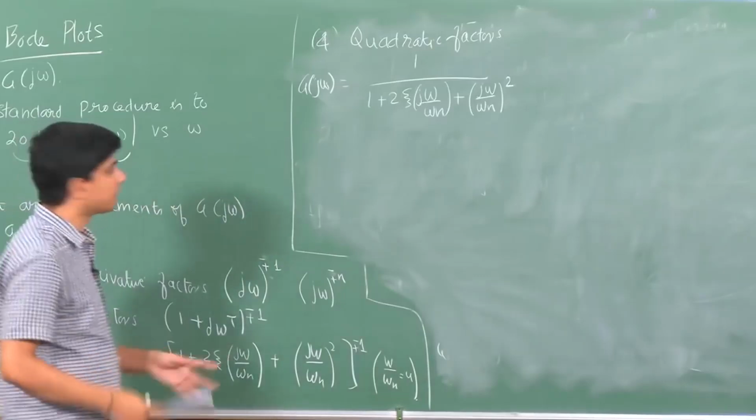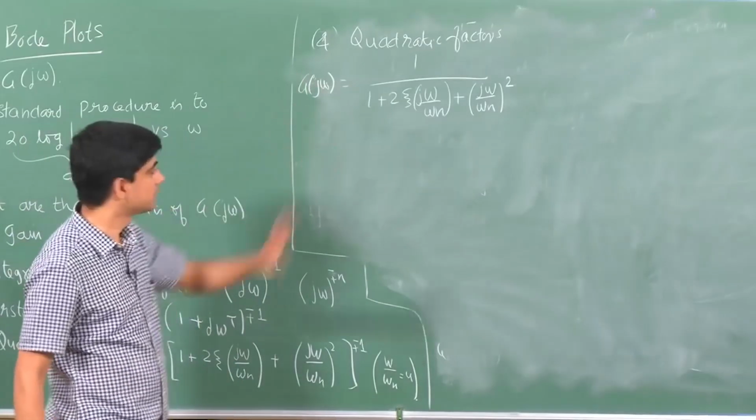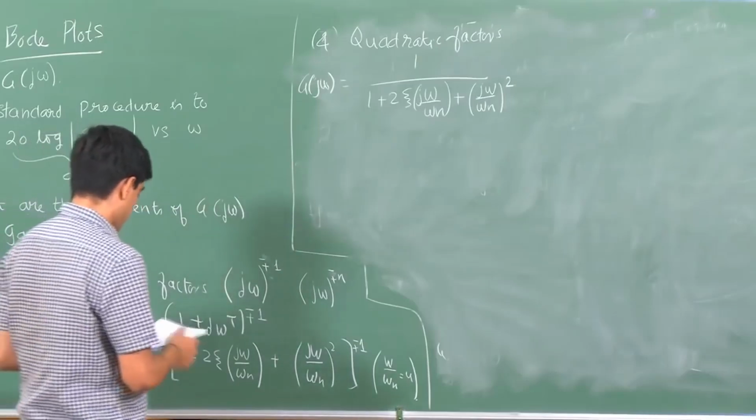Again, I will just do it for the pole, and the zero is just a mirror image. So how does the magnitude look?